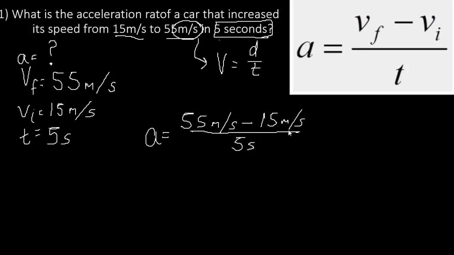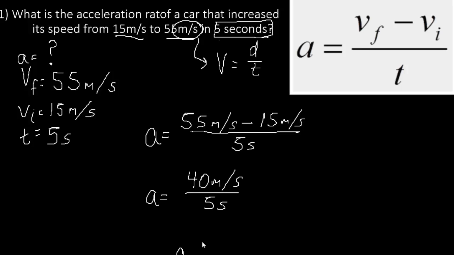The first thing you're probably going to want to do is the top part, 55 minus 15. That part is easy. After we solve 55 minus 15, we are left with 40 meters per second on the top, all over 5 seconds. So we have 40 meters per second per 5 seconds. Let's solve this out. 40 divided by 5 is 8.